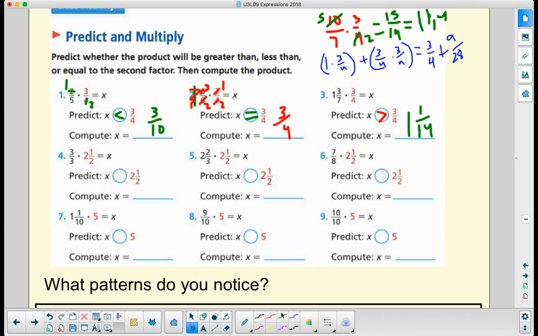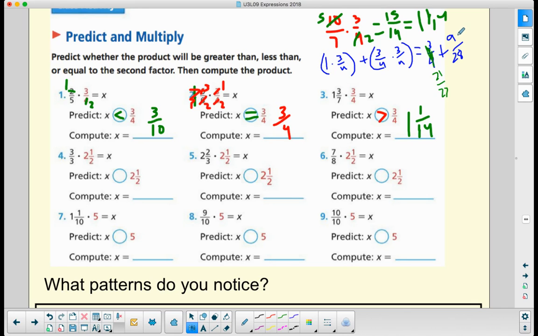Now I need to get common denominators to add, and 4 is a factor of 28. I have to multiply these both by 7, which would be 21 28ths. And I'm just going to cross this one out.